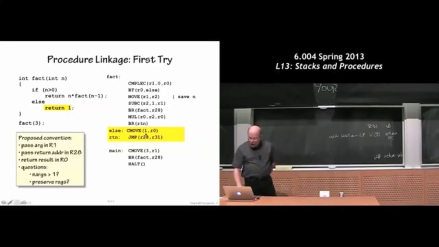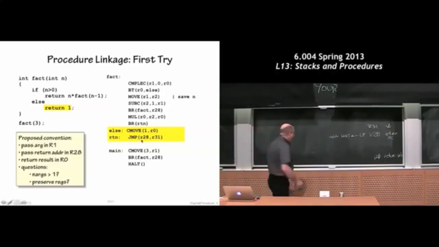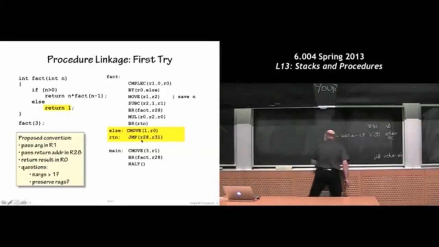And then finally, I come along here, and this jump instruction, the one instruction I didn't describe to you before, is I can say jump, and then typically give a name of a register. Jump is like branch in the sense that it saves the address of the next instruction into that destination register, but R31 means we're just throwing it away.